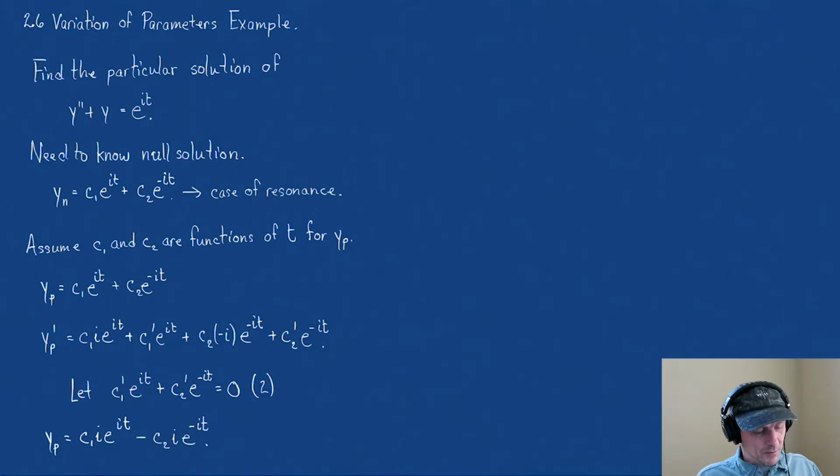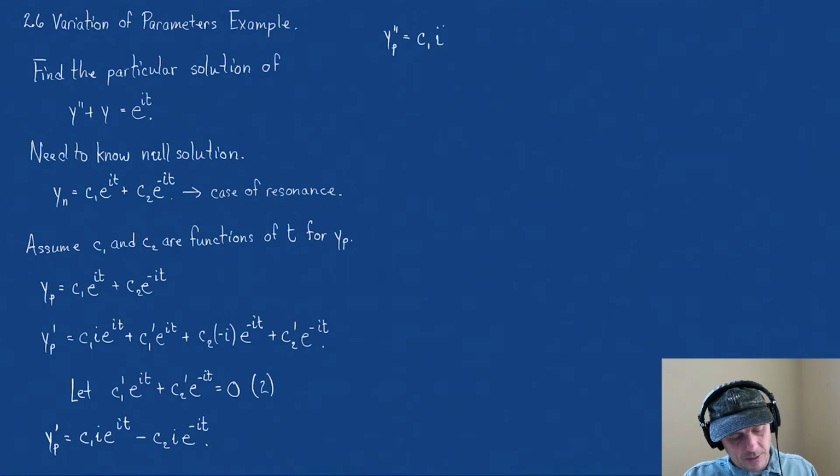We take the derivative to find y particular double prime. That's going to be C1 times i squared e to the it plus a C1 prime i e to the it. Remember, we're using the product rule here.